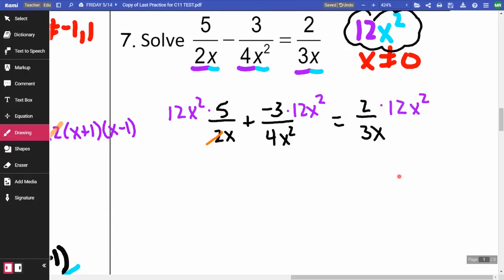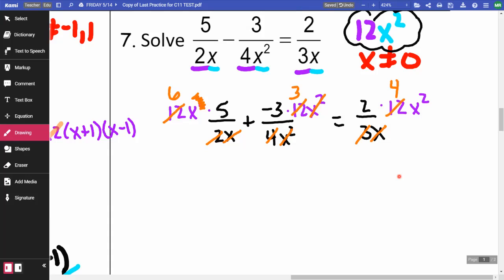So the 2 goes into 12 6 times. And this x is going to get rid of my exponent because I just have one x now. 4 goes into 12 3 times. And my x squared and x squared cancel out. On the other side, the equal, my 3 goes into 12 4 times.